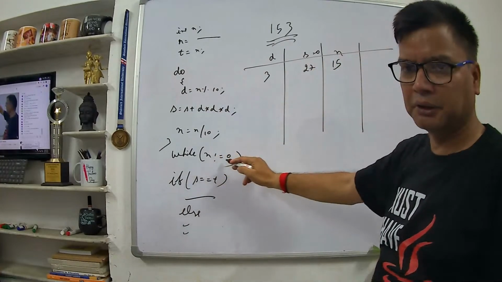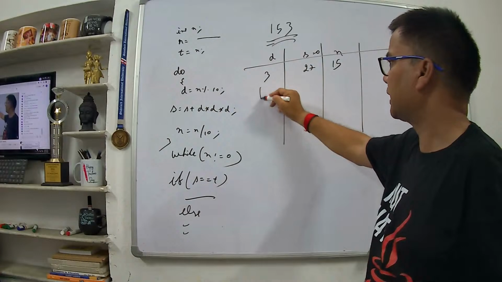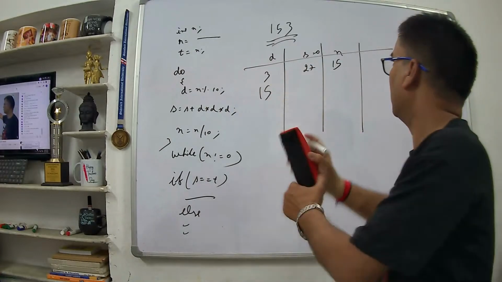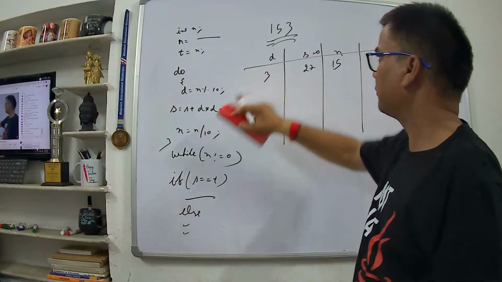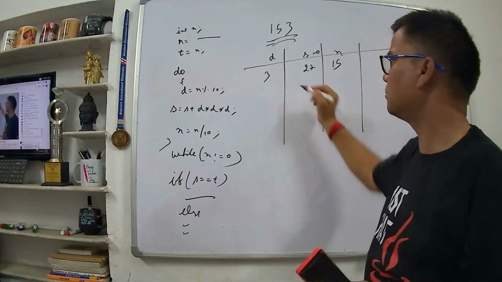While n is not equal to 0, so n is not 0, so n is 15. Now d equal to n modulus 10. 15 modulus 10 is how much? 5.